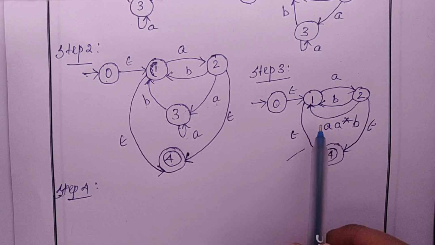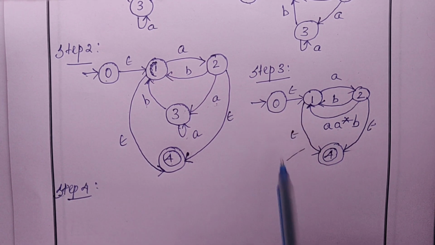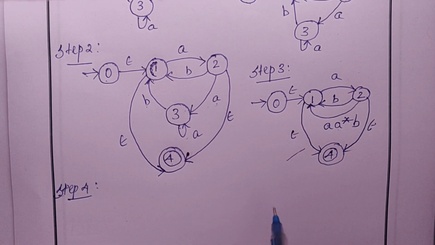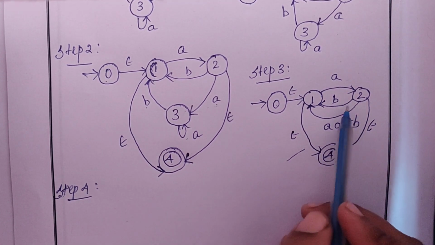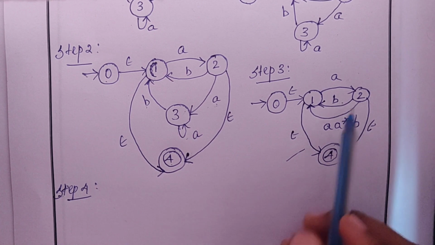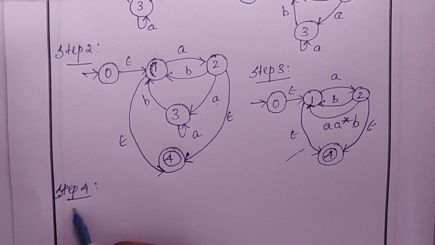So if it is or, in regular expression, which operator has to be used? I have to use plus. Right? So what will I do? Now I will make these 2 outgoing edges into a single one using which operator? Plus operator.